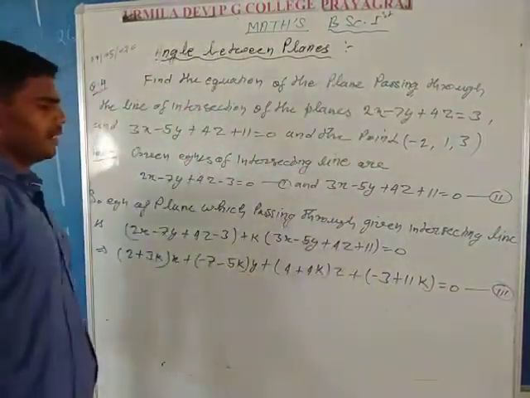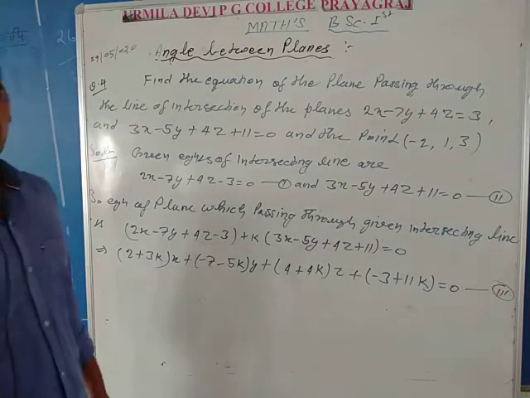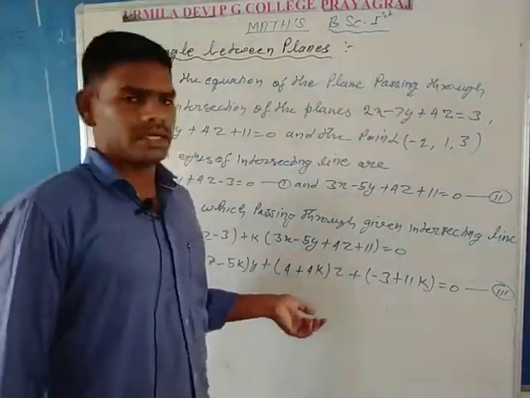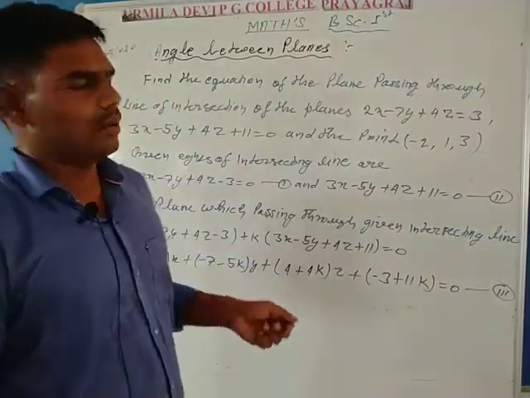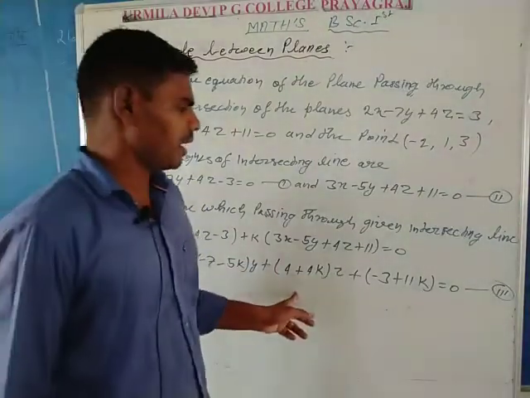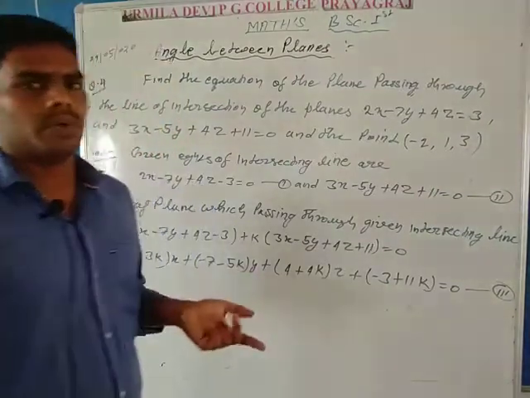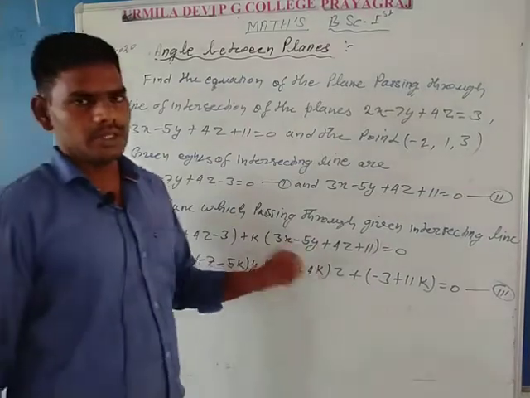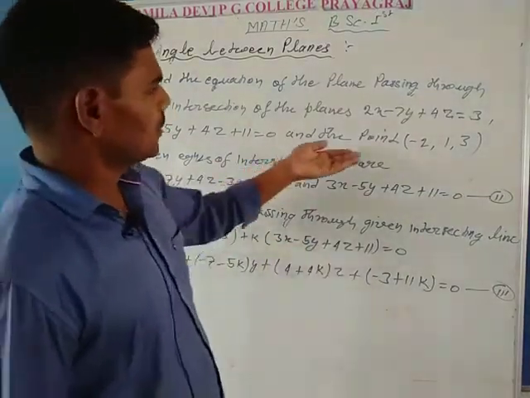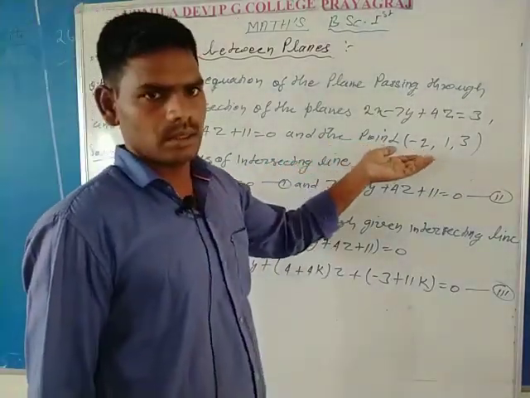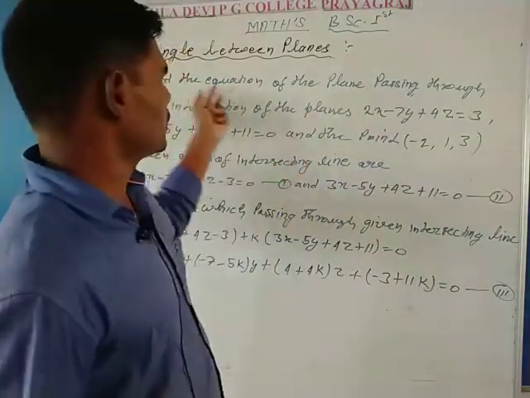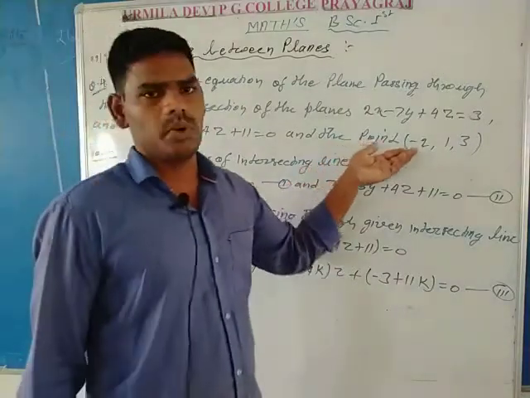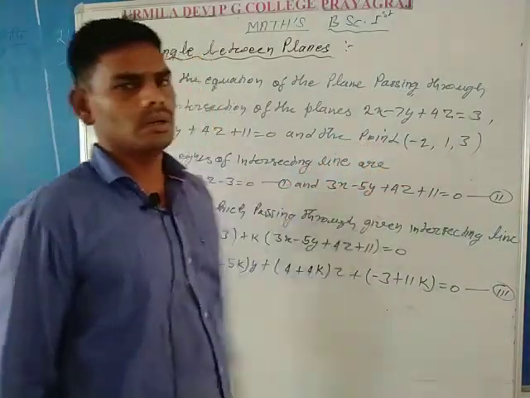In equation third, k is an unknown quantity, therefore we need an external required condition for which this equation passes, and find the value of k. After that, put the value of k in this equation and find the required plane equation. The required condition is this: according to the question, the required plane also passes through the point minus 2, 1, 3.